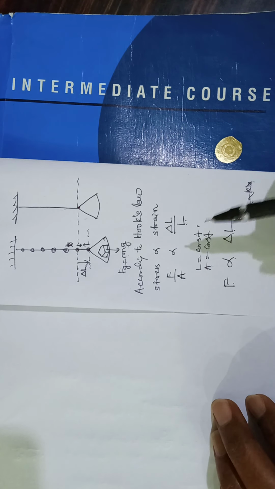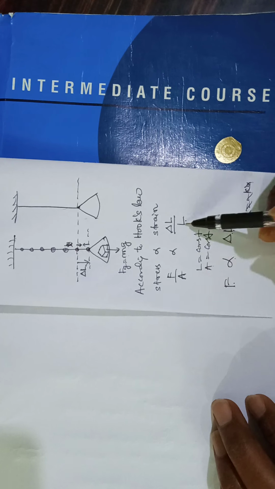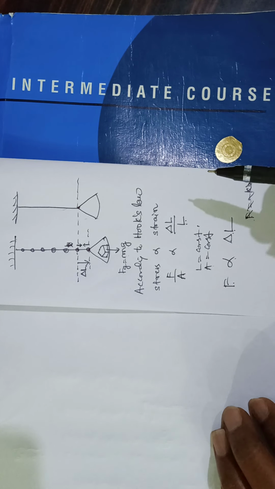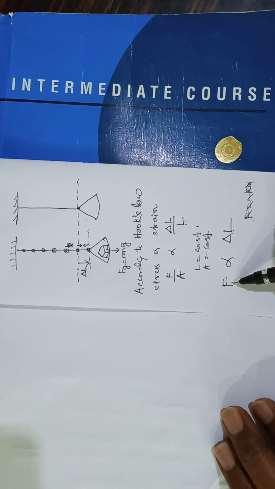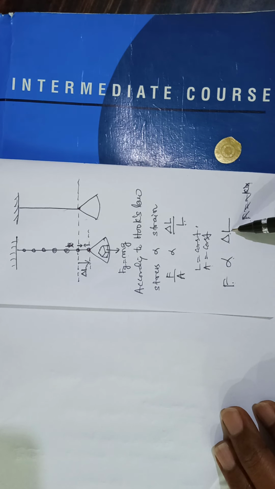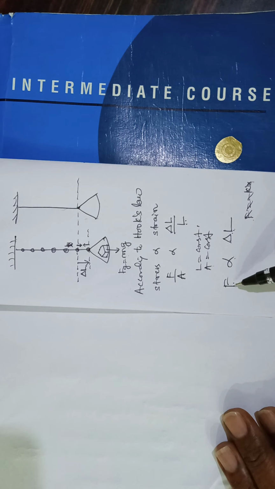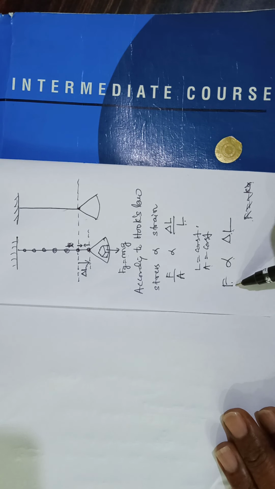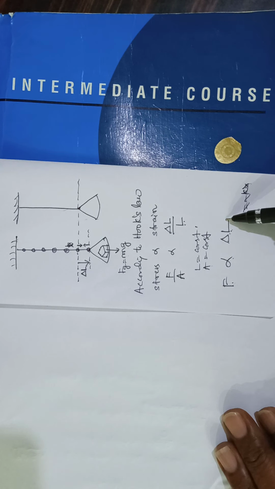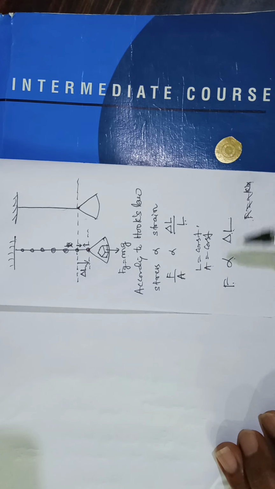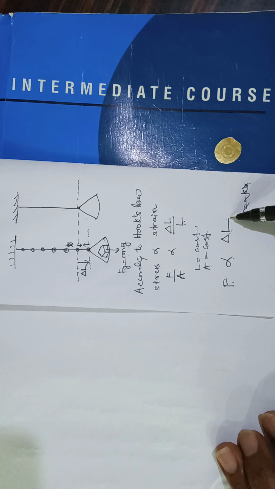But since A and L are constants, you can take force on the y-axis and elongation on the x-axis. Then also you get a straight line, because the restoring force is directly proportional to elongation. Therefore, for this also we get a straight line.